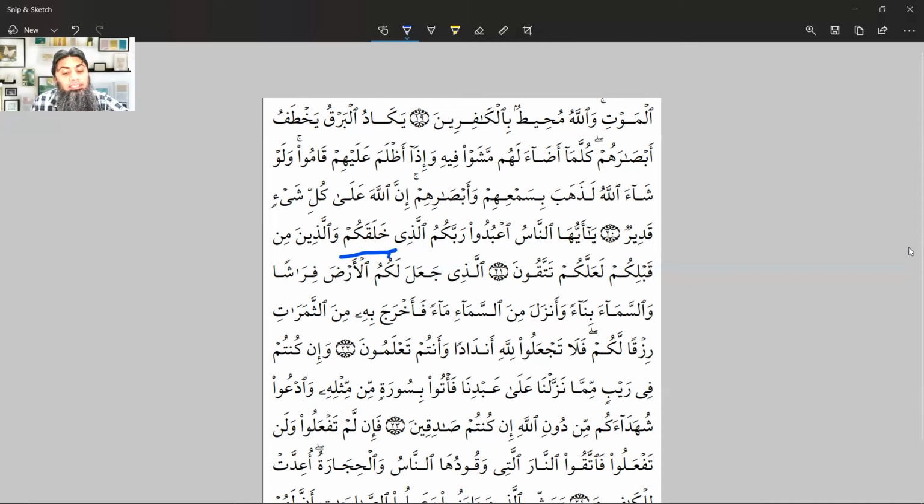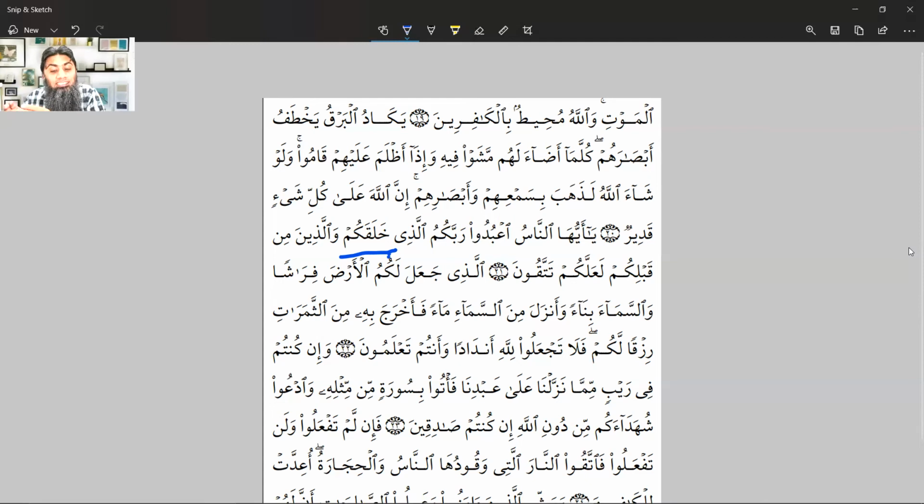And then mimma nazzalna ala abdina is a jar majroor fragment. So this jar majroor fragment will play the role of sifa for raybin. And if you translate, it will make sense for you. Wa in kuntum fi raybin, if you are in doubt about what we have sent upon our servant.